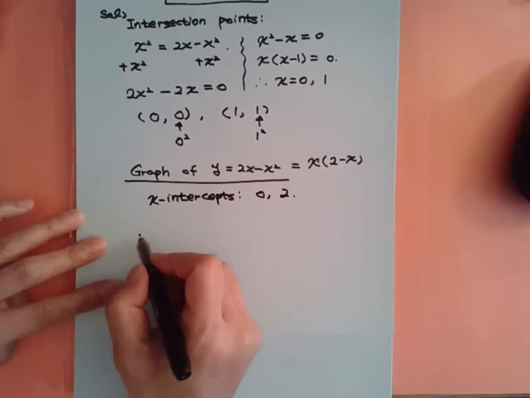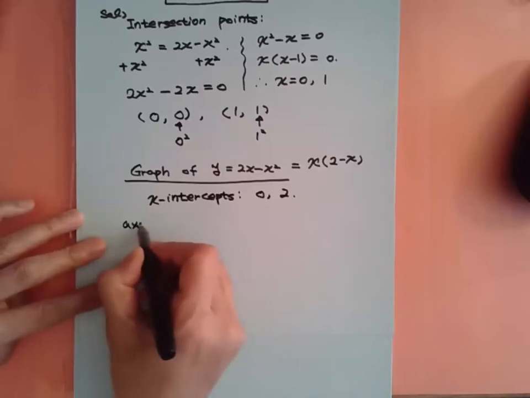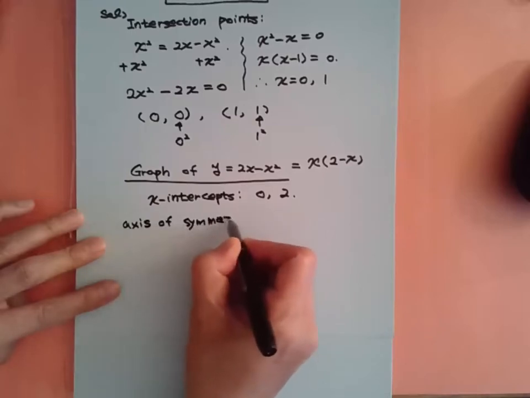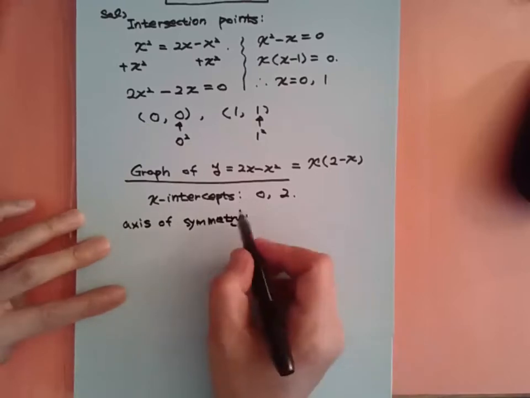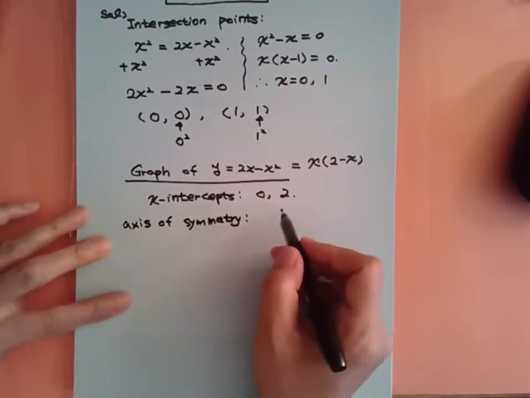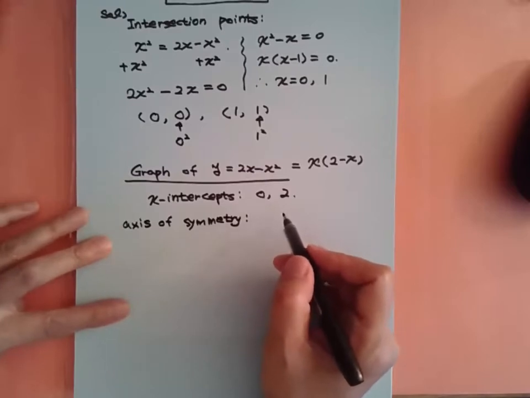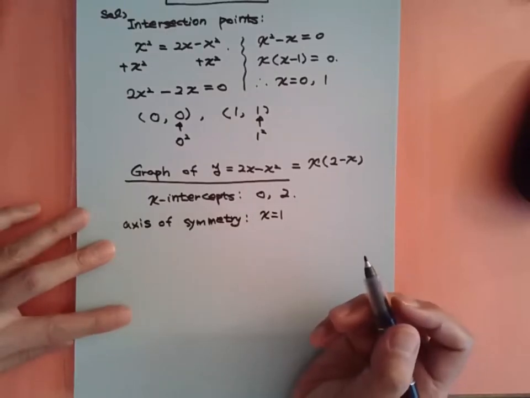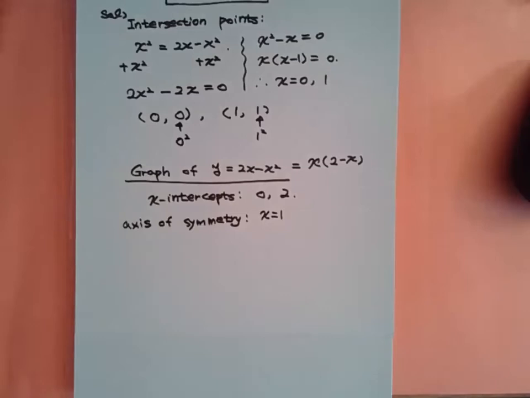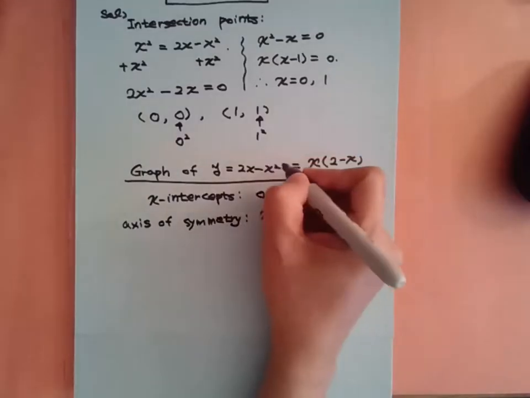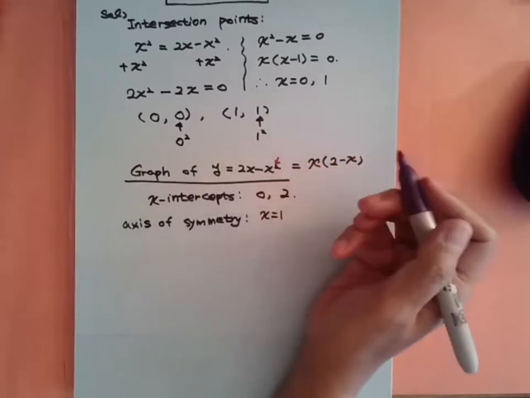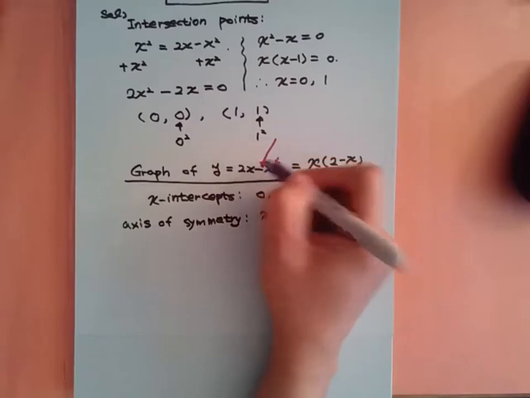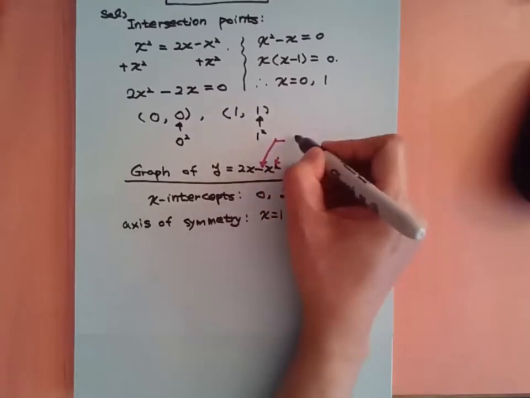And in a parabola, axis of symmetry is located at the midpoint of x-intercepts. So it becomes x equals 1. Another important point you can observe from here is the top degree in the quadratic equation, and there is a negative attached here. That means the parabola is concave down.